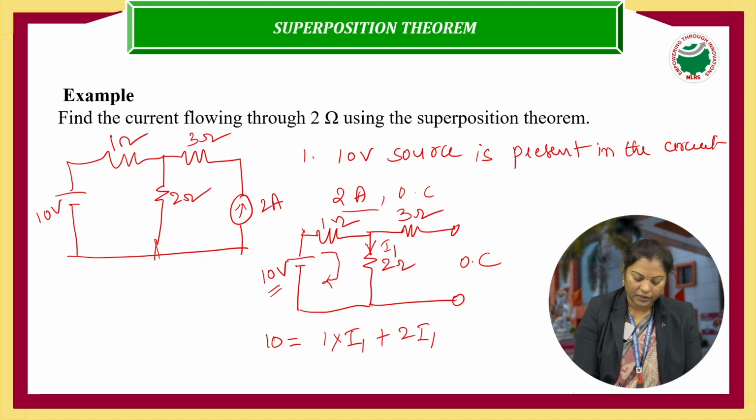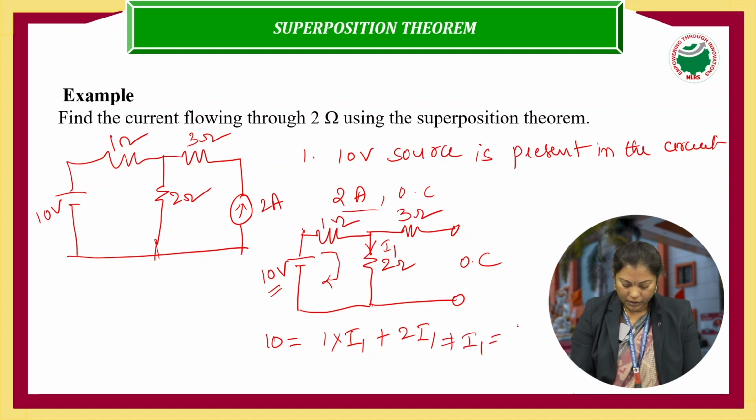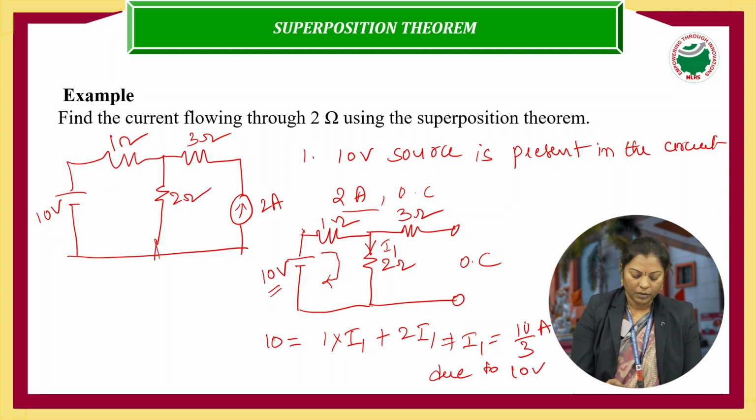Why? Because the current is not flowing in the 3 ohm resistor, as it is open circuited. So from this, the current I1 becomes 10 by 3 amperes. This is due to the 10 volt voltage source.